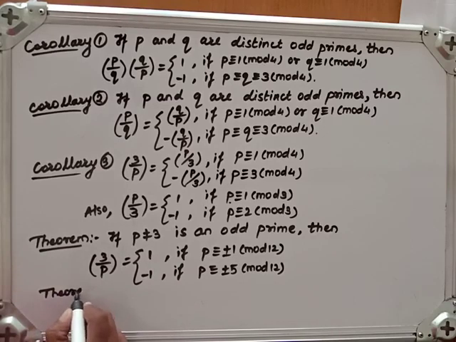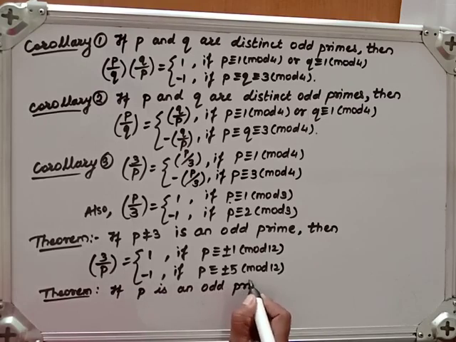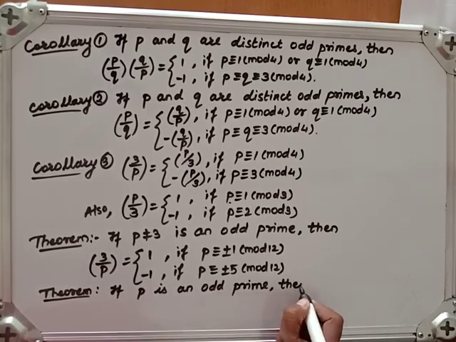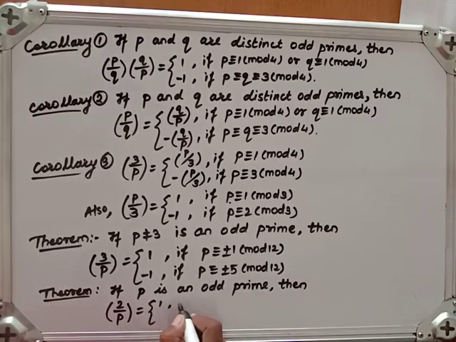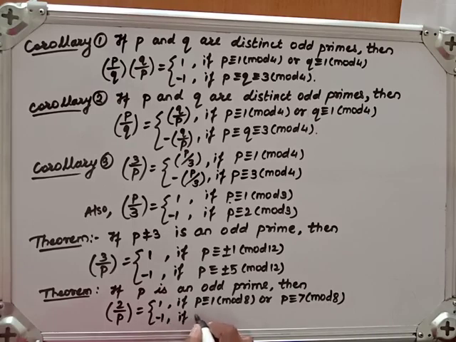Theorem: if P is an odd prime, then the Legendre symbol of 2 by P is 1 if P is congruent to 1 modulo 8 or P is congruent to 7 modulo 8, and it is minus 1 if P is congruent to 3 modulo 8 or P is congruent to 5 modulo 8.